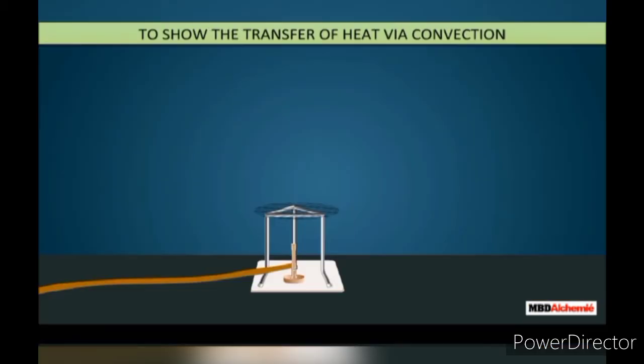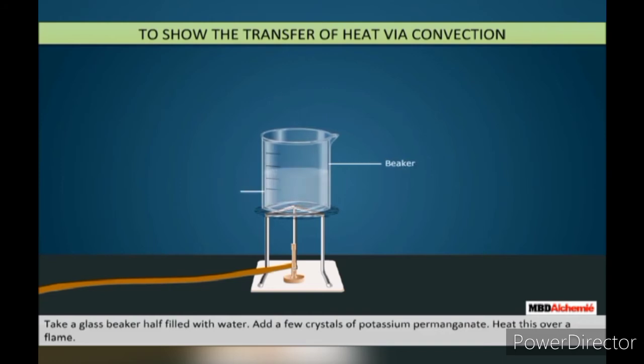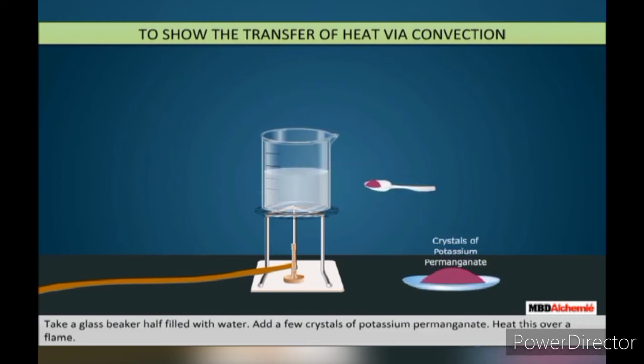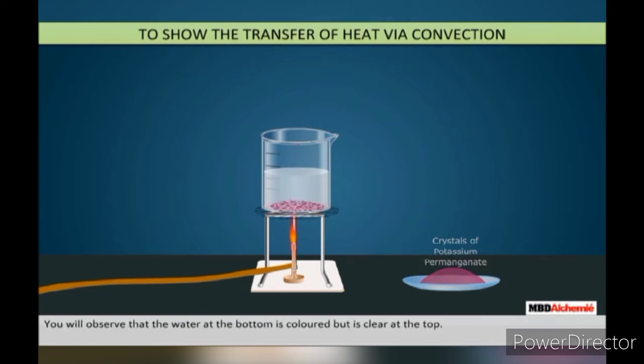To show the transfer of heat via convection, take a glass beaker half filled with water. Add a few crystals of potassium permanganate. Heat this over a flame. You will observe that the water at the bottom is colored, but is clear at the top.